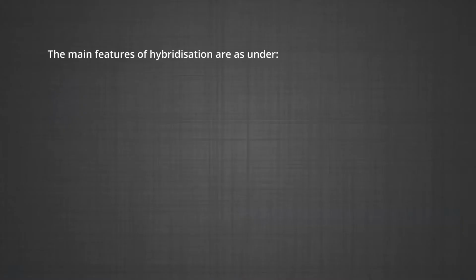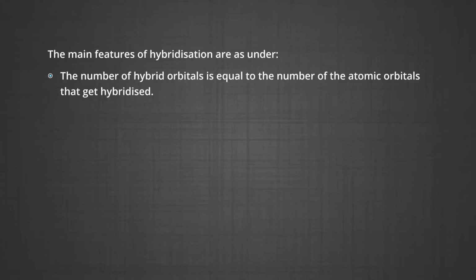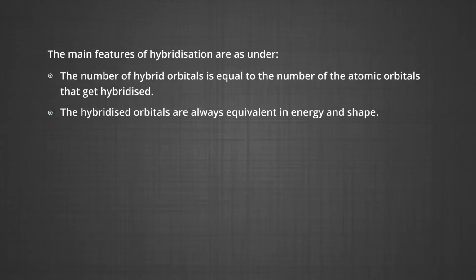Now let me tell you the salient features of hybridization. The main features of hybridization are as under. Number 1, the number of hybrid orbitals is equal to the number of atomic orbitals that get hybridized. Number 2, the hybridized orbitals are always equivalent in energy and shape.